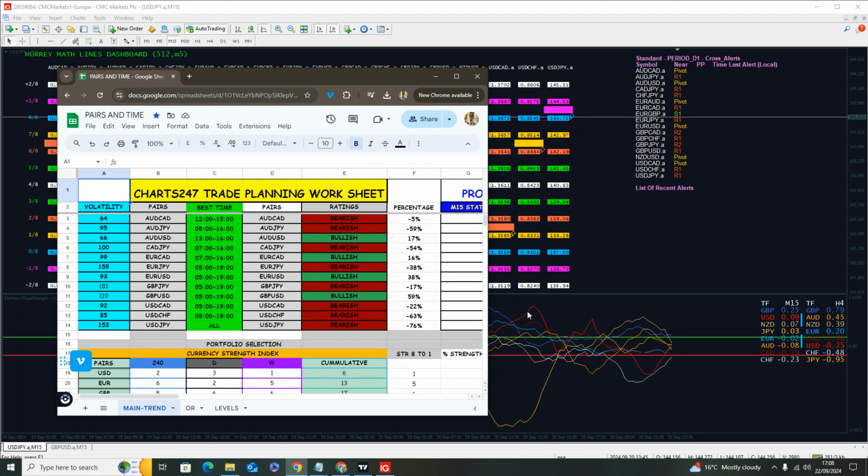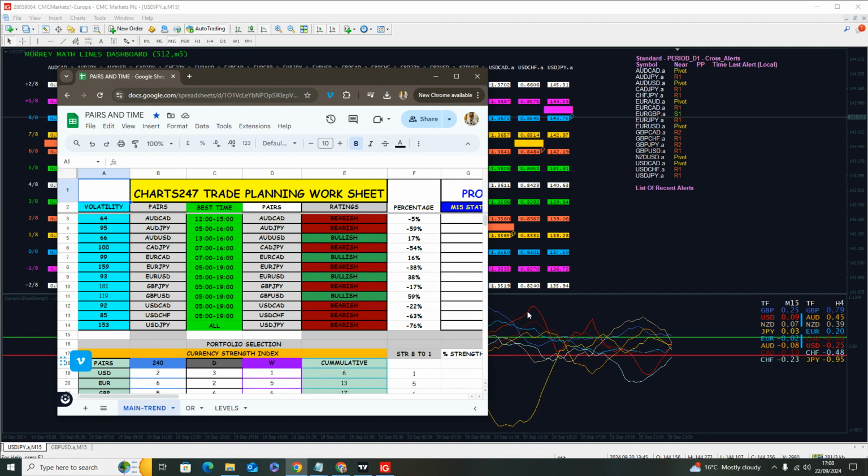This approach allows traders to systematically assess which currencies are strong and which ones are weak, creating a clear framework for selecting pairs that offer the highest potential for profit.